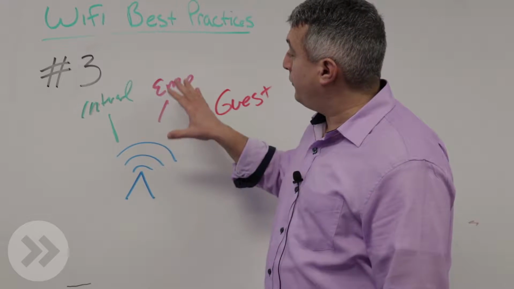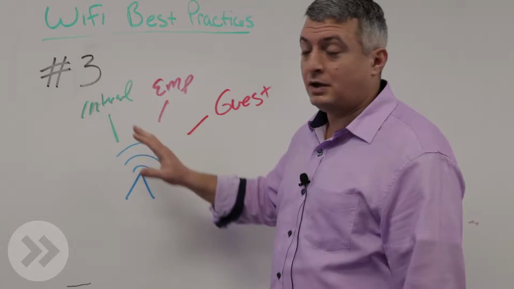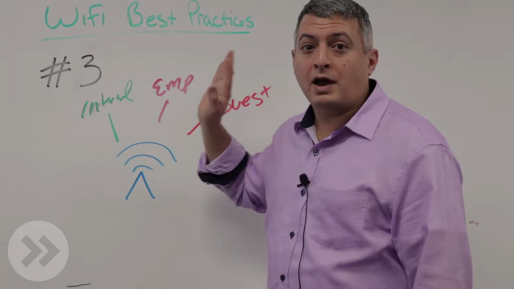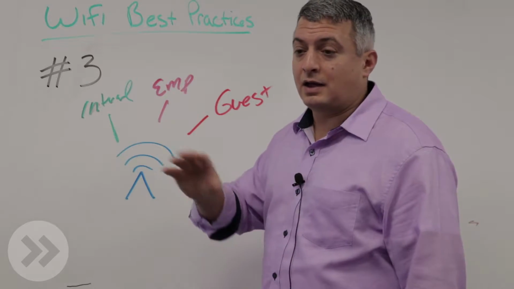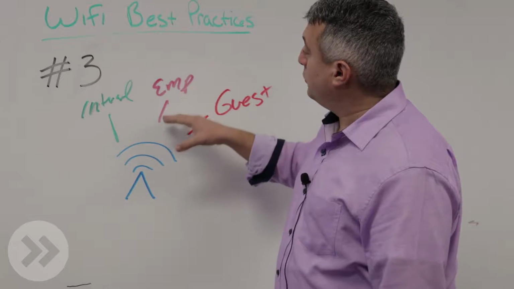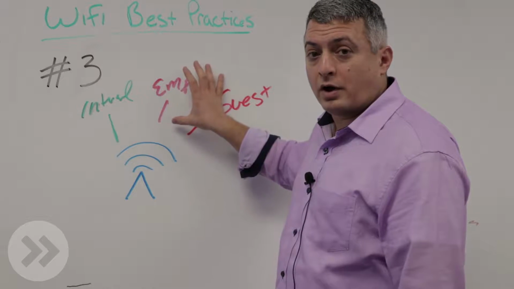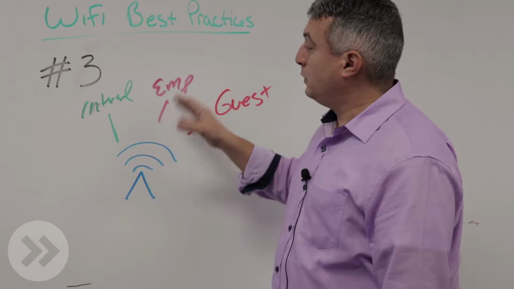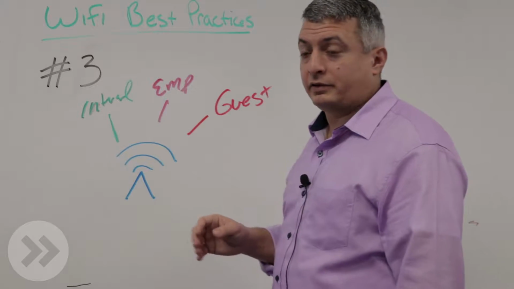If they know this one and you change the passphrase because you terminated them, you'd have to change that passphrase for everybody else on the network, and everybody then has to get the new passphrase. So it's easy then to only give them access to this one. If we change this one, we can just give it out to the people that need to change it. It's a much smaller number of devices.